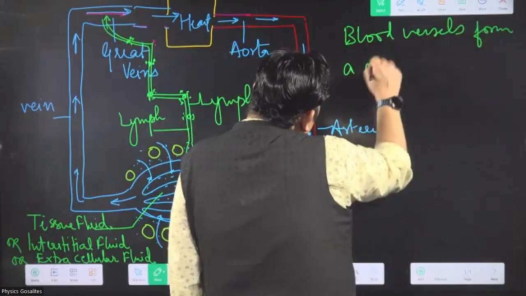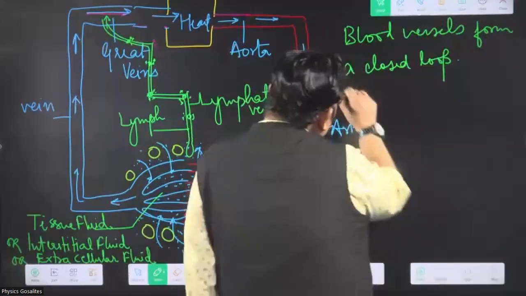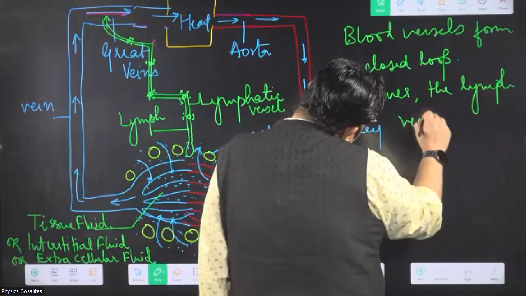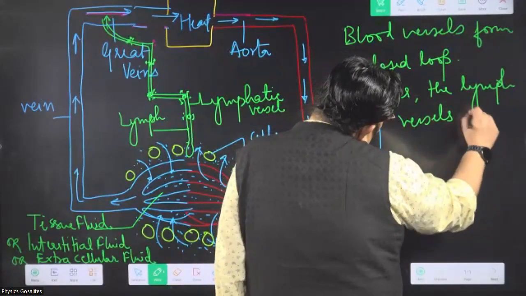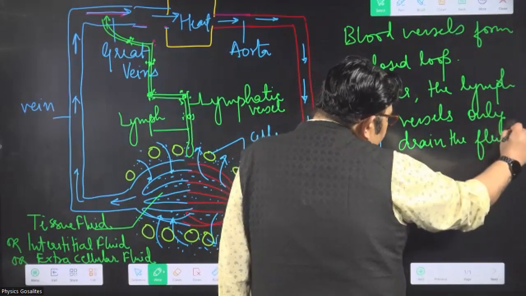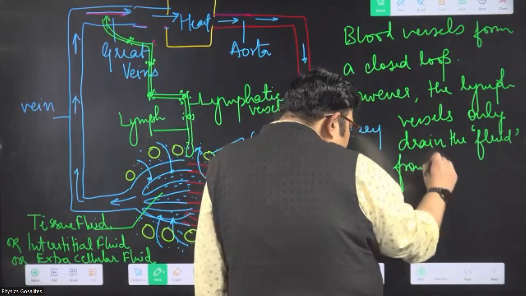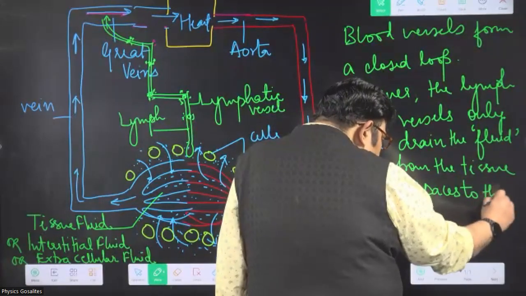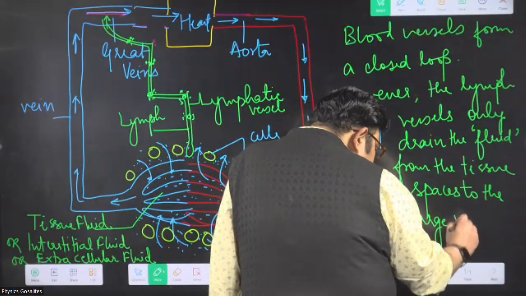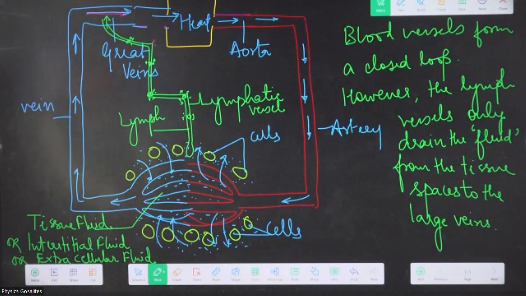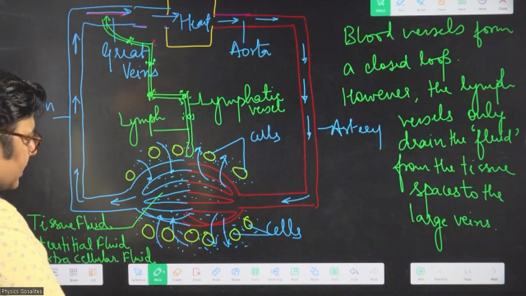However, the lymph vessels only drain the fluid from the tissue spaces to the large veins, on two sides, right and left, to the large veins of the body.